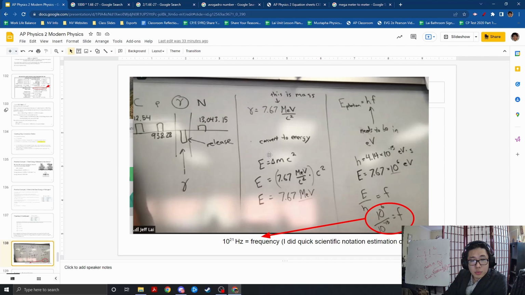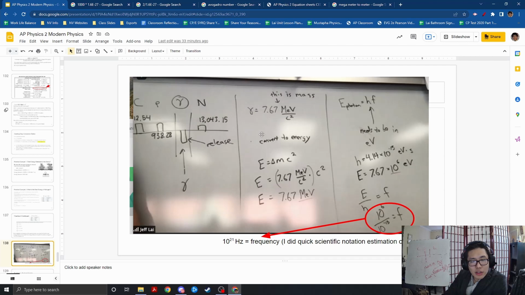So if we take a look, we could actually see how I believe I solved this not using the rest energy equation itself. I decided to solve this last year using the change in mass equation.